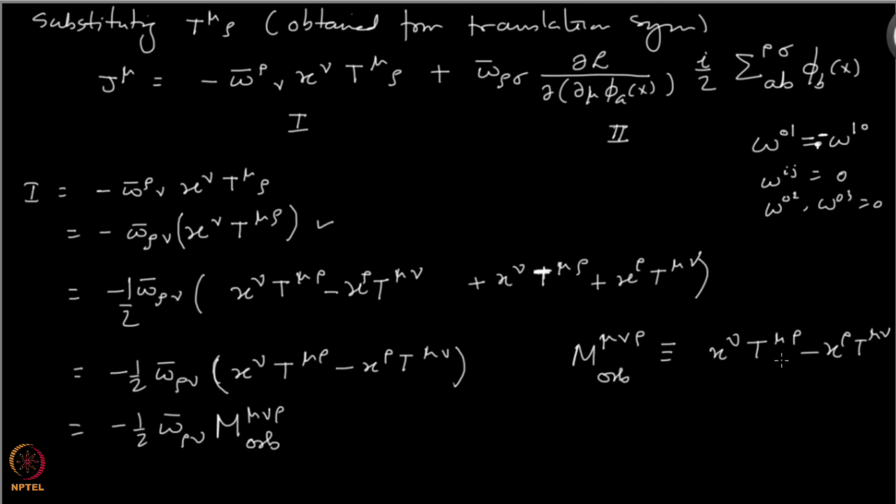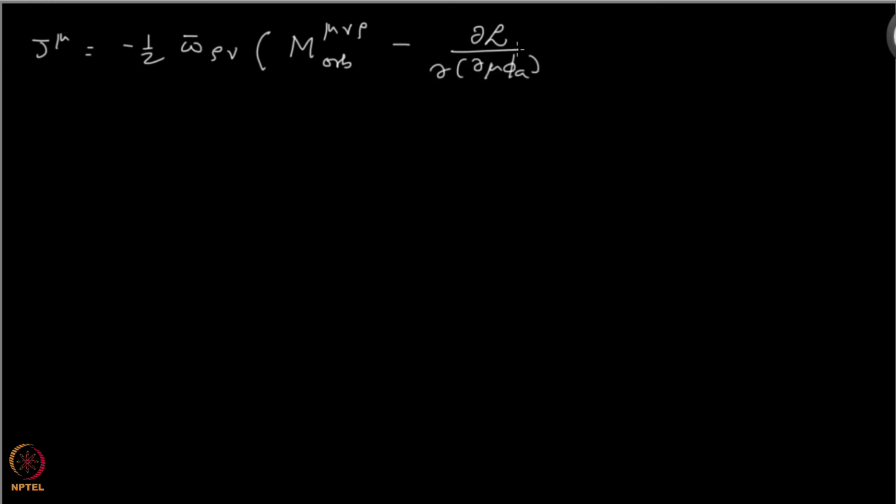Okay, so let me go further and write the J mu which I have found now. So the J mu is minus half omega bar rho nu m mu nu rho orbital minus another term del over del mu phi a times sigma rho nu a b phi b of x.